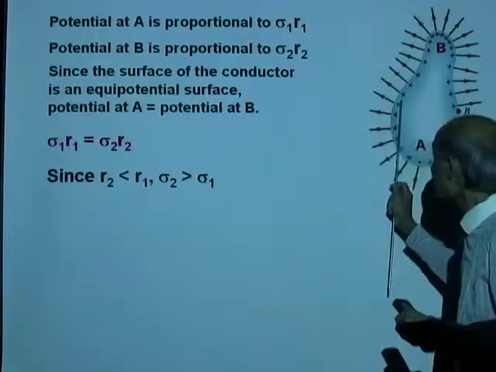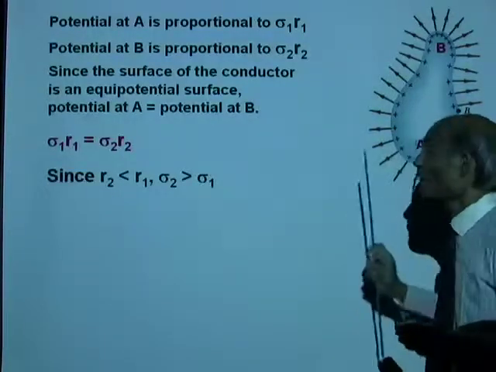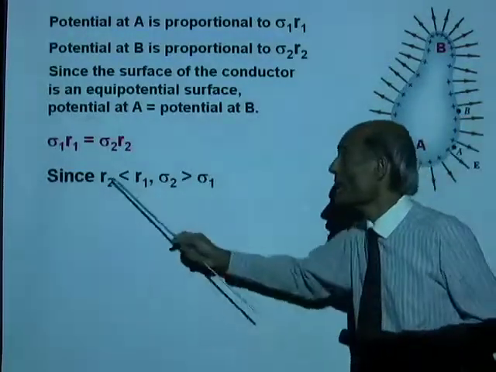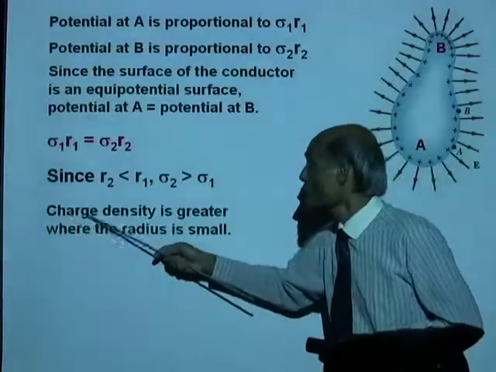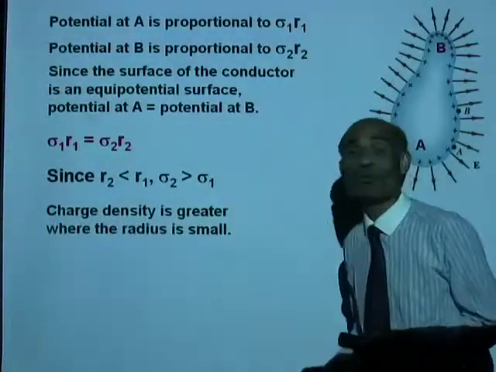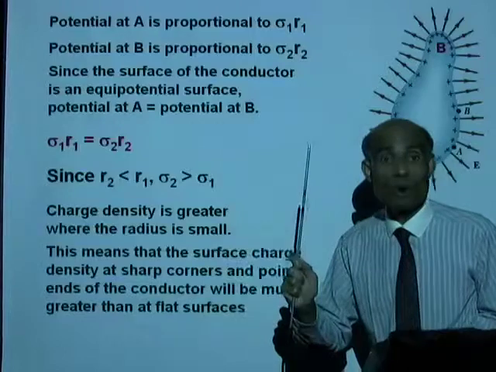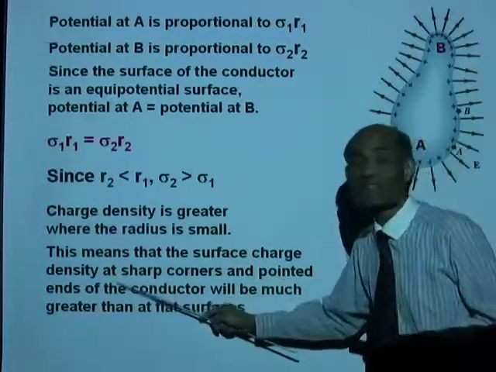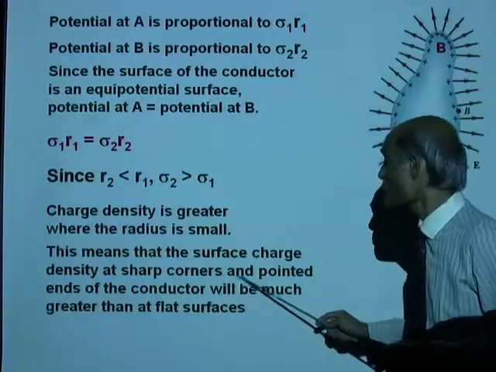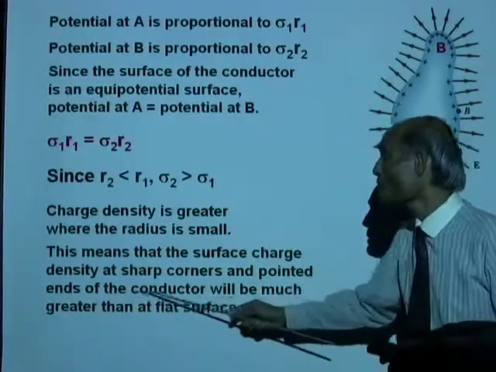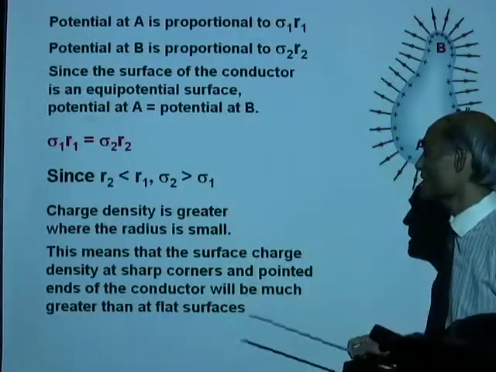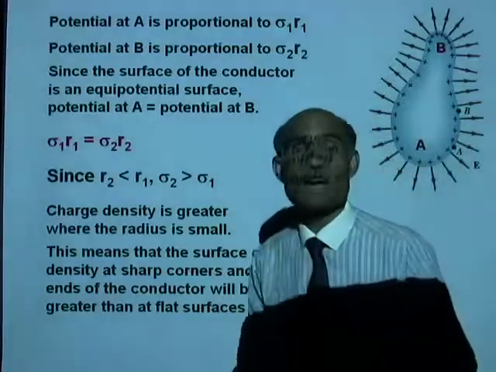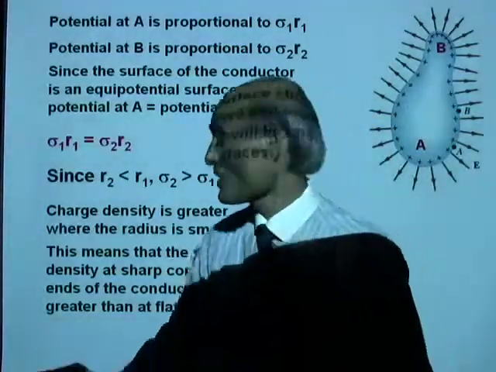The charge density is less where the radius is bigger. So charge density is greater where the radius is small. This means that the surface charge density at sharp corners and pointed ends in the conductor is much greater than at other parts of the surface.